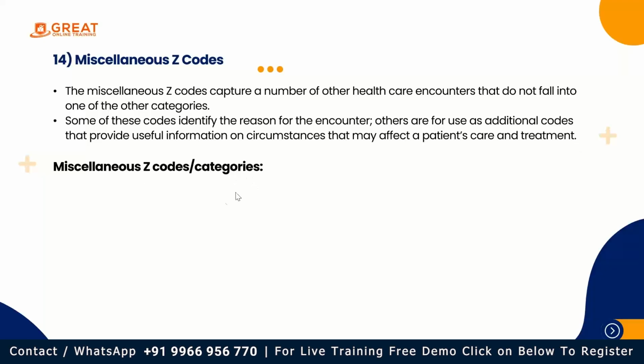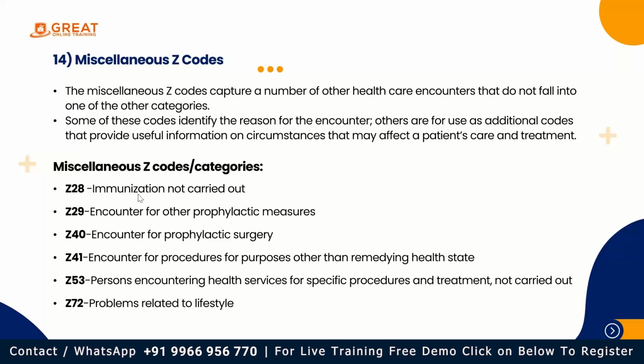Miscellaneous G codes categories are G28 immunization not carried out, G29 encounter for other prophylactic measures, G72 problems related to lifestyle. So these are examples of miscellaneous Z codes.